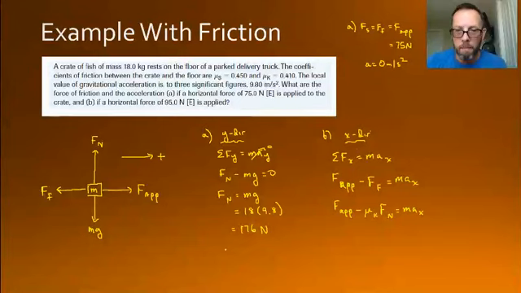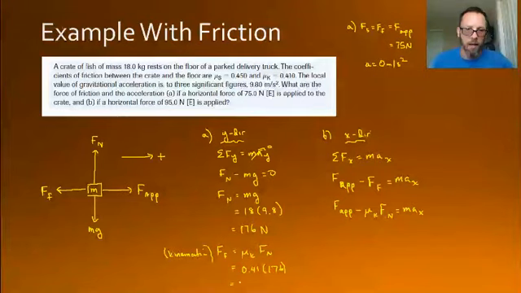What some people like to do is, once they have the normal force, they like to just calculate the force of friction right away. So that's fine. I think I'll do that here, actually. So the coefficient of kinetic friction is 0.41. I said kinematic.